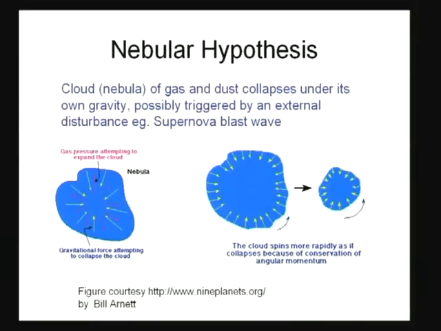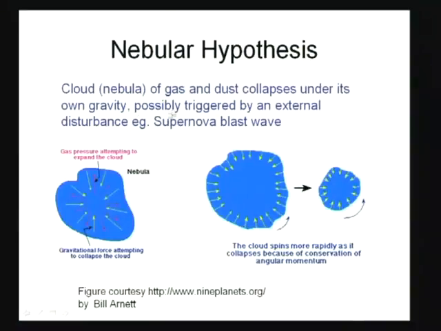So, this is the nebular hypothesis of the solar system. Initially you had a cloud, a nebula refers to a cloud, a cloud of gas and dust in the Milky Way, and then at some time this starts to collapse.